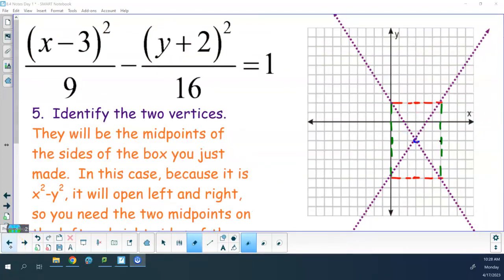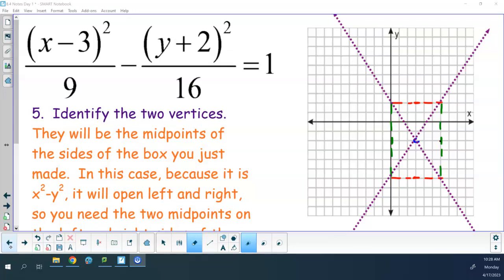Step 5 is the vertices step. There will be 2 vertices in a hyperbola. They will be the midpoints of the sides of the box that you just made, depending upon which way your hyperbola opens.